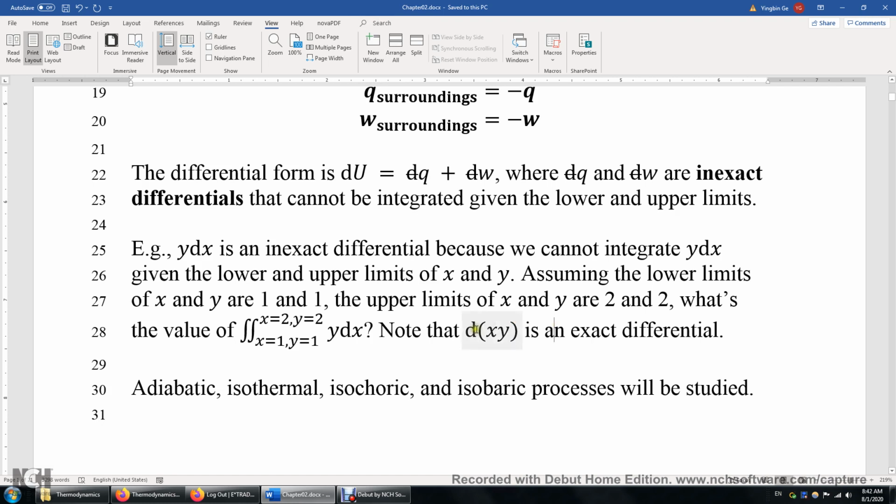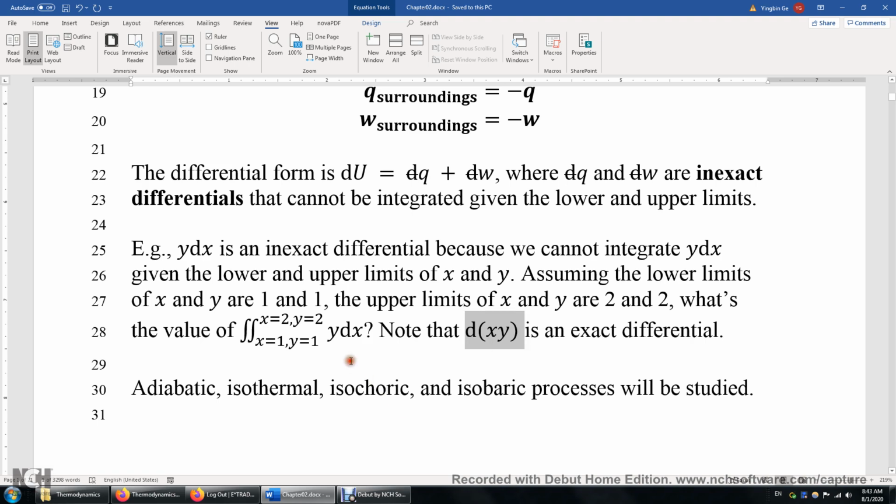And a reminder, this d(xy) is the sum of y dx plus x dy. It's just the product rule in multivariable calculus. All right, so again, y dx is inexact, x dy is also an inexact differential, but the sum of y dx and x dy is an exact differential.